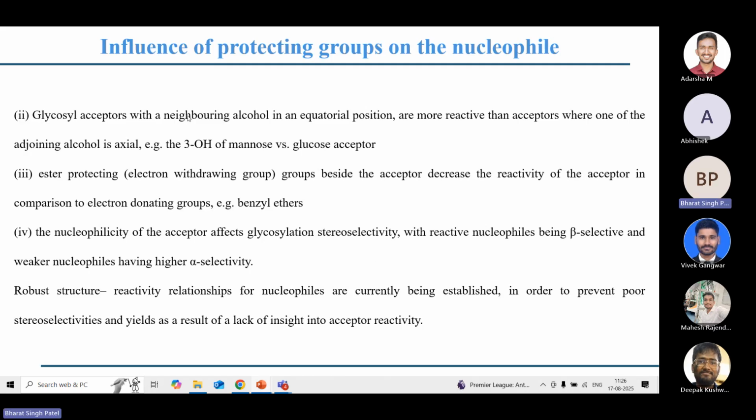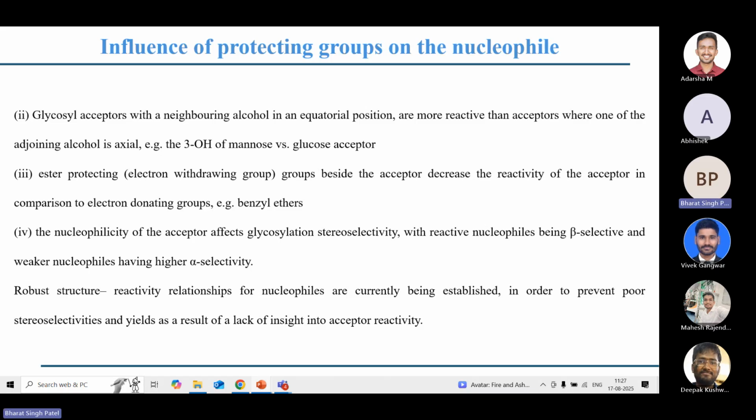In the glycosyl acceptor with the NGP, neighboring alcohols in equatorial position are more reactive. Like if we discuss the 3-hydroxy of mannose versus glucose, the mannose 3-hydroxy is more reactive than the C3 of the glucose.